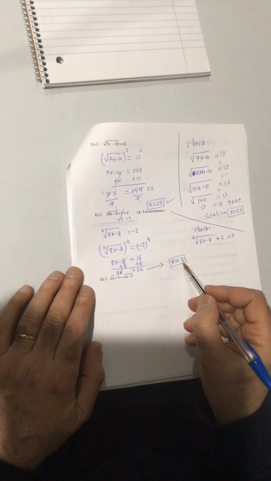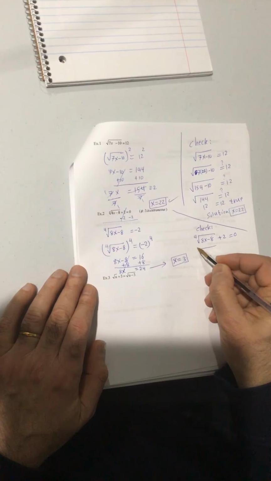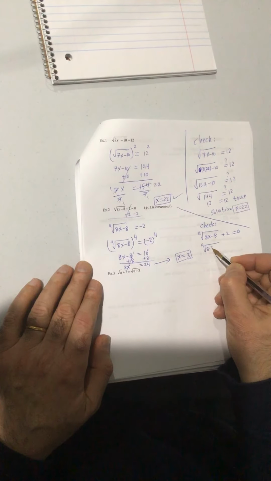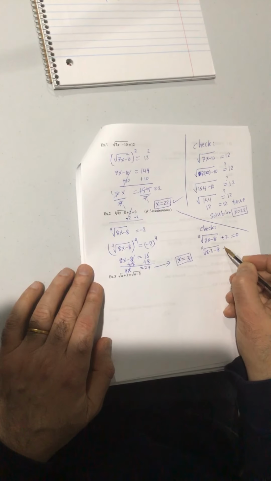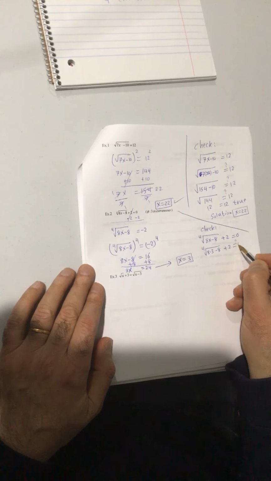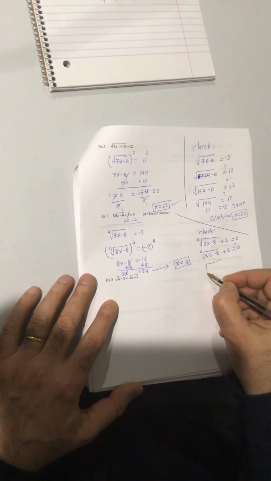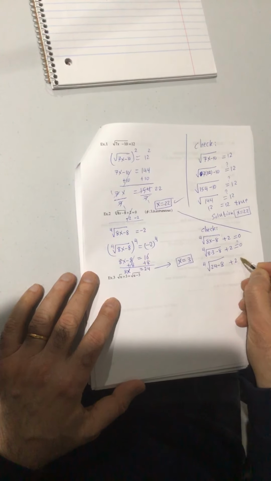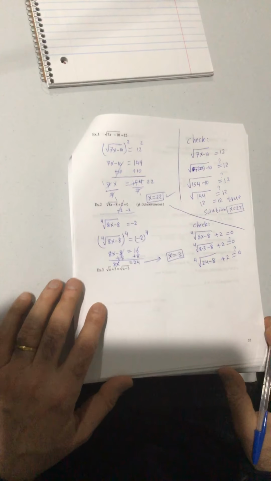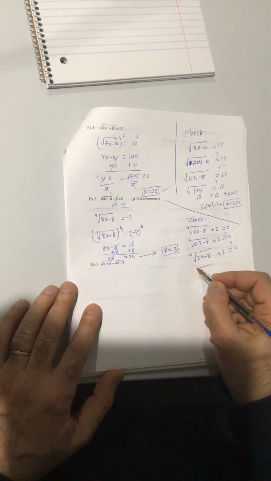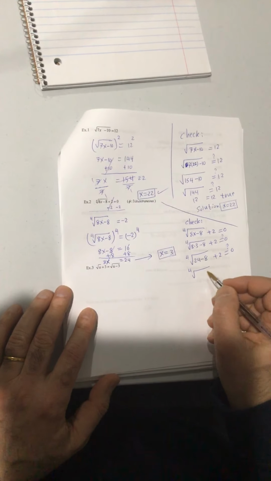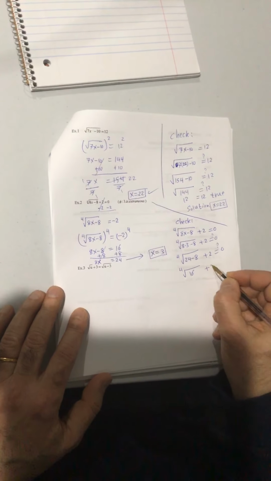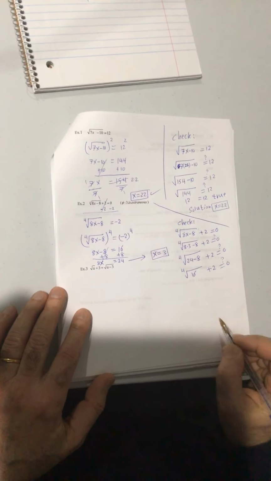Now substitute 3 for x. So 8 times 3 minus 8 plus 2, is it equal to 0? Or 24 minus 8 plus 2, is it equal to 0? 24 minus 8 is 16, plus 2, is it equal to 0?